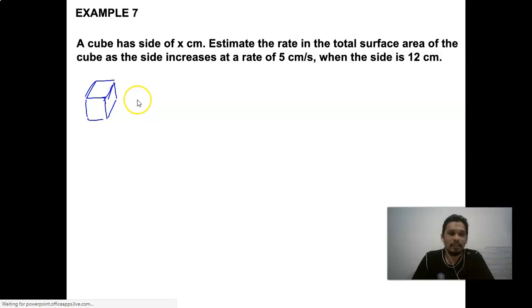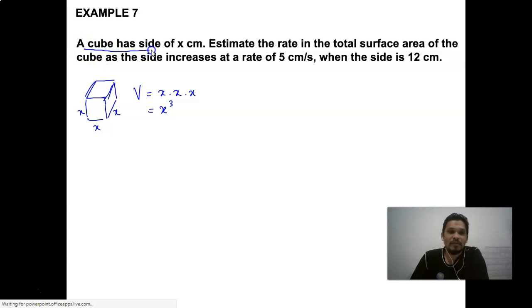You may also imagine a dice. Here the length is x, height x, and also here is an x. So V for this one here is x multiplied by x multiplied by x, and it gives you x cubed.